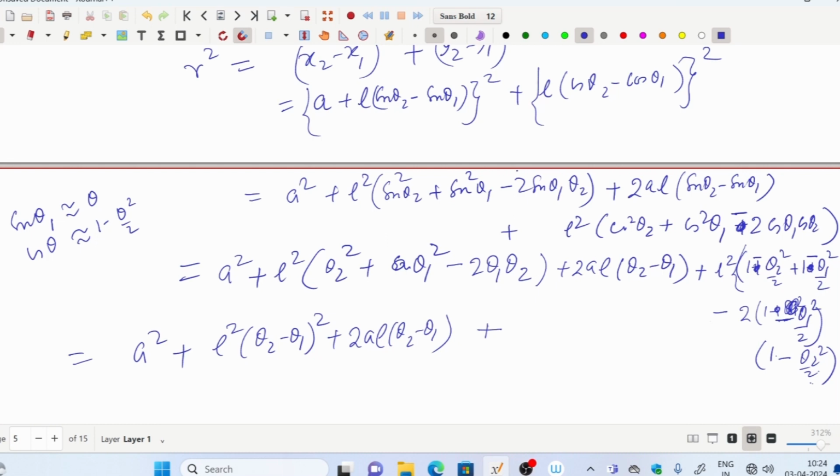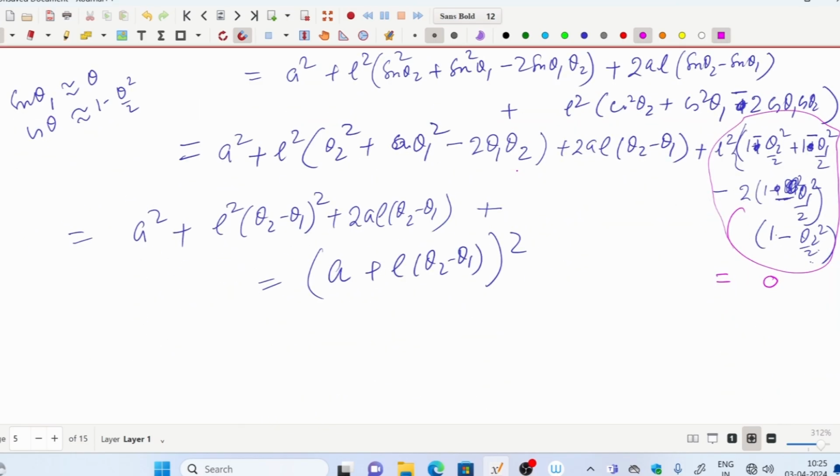You just check yourself that this term will cancel to give you this term. So this is basically a plus L theta 2 minus theta 1 whole square. What I have not shown explicitly is that these terms with the small theta approximation will be 0, okay.